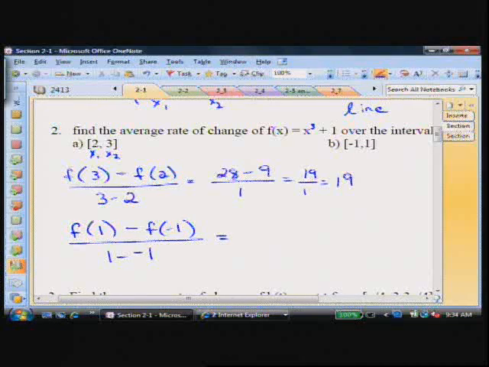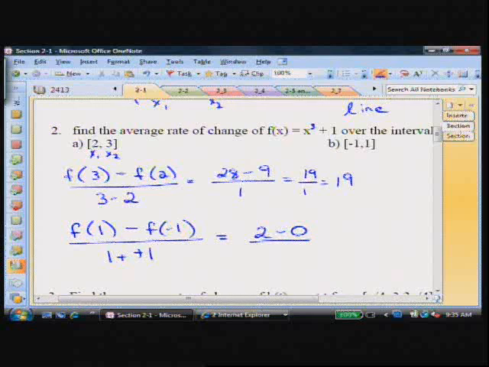You plug 1 into the function. 1 cubed is 1 plus 1 is 2. And then f at negative 1 is 0, because negative 1 cubed is actually negative 1, and then plus 1 is 0, so this is going to be minus 0 over, be careful here, you got your slash and dash.